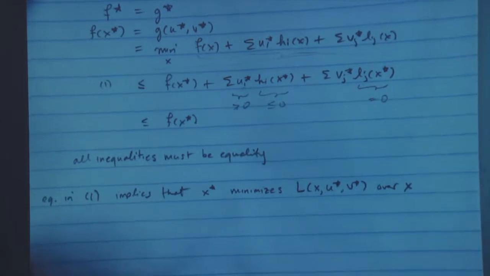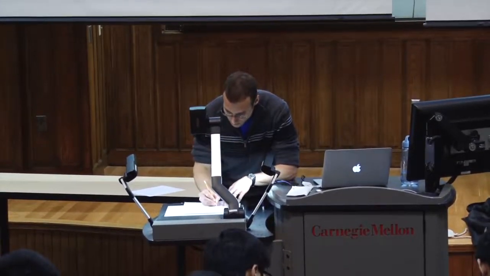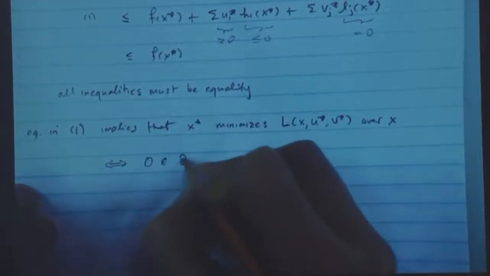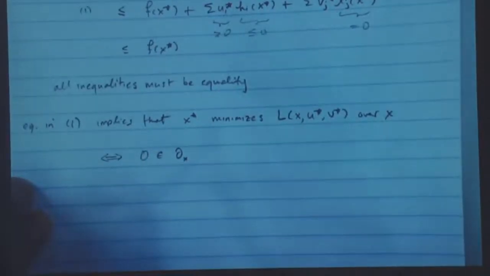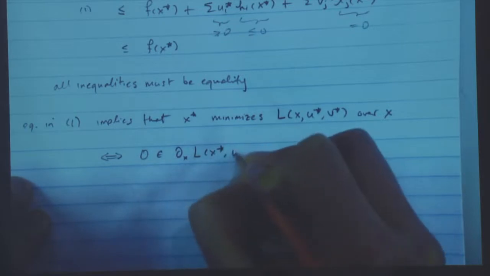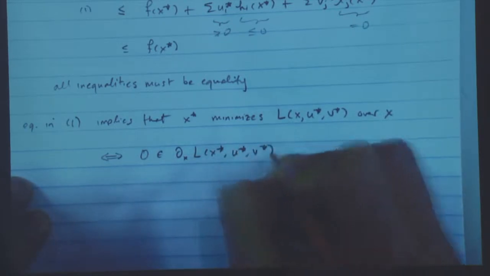We know that a point achieving the minimum of a function is equivalent to 0 being in the subgradient of that function evaluated at that point. That's the subgradient optimality condition that we know. So that's true if and only if 0 is in the subgradient, and I'm going to write it like this, with respect to x, of L of x star, u star, v star.